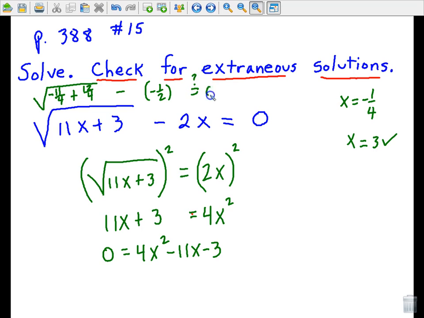Everybody with me? So, does the left side equal 0? Under the radical, we have 1/4. What's the square root of 1/4? 1/2. All right, so this really is 1/2 minus negative 1/2. That doesn't equal 0. That equals 1. Therefore, we're going to label x as negative 1/4 as an extraneous solution.